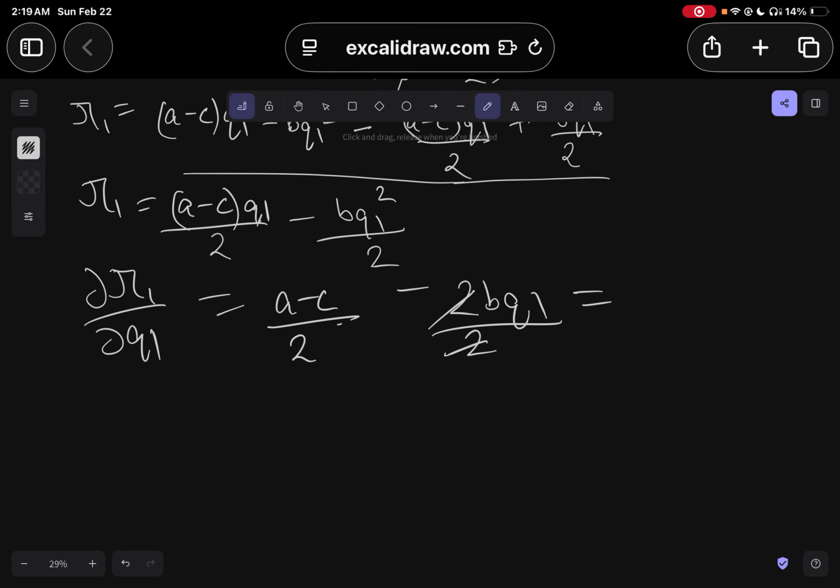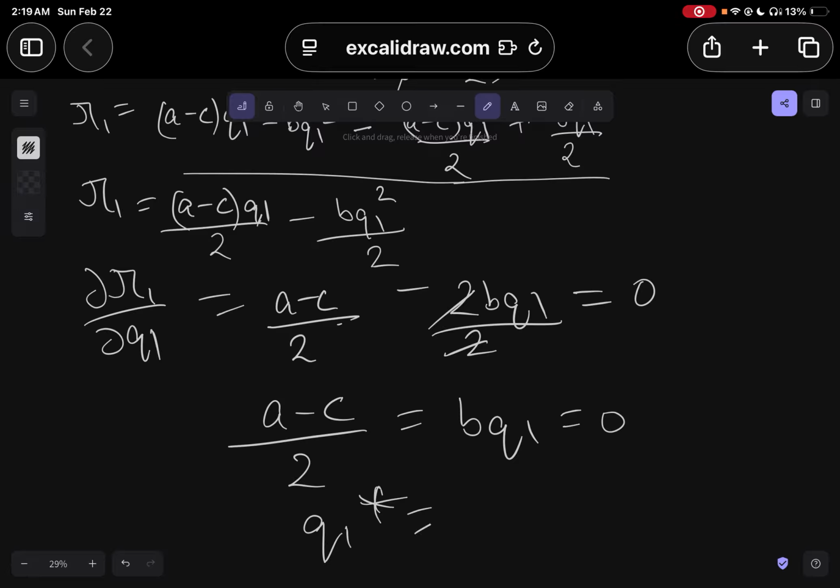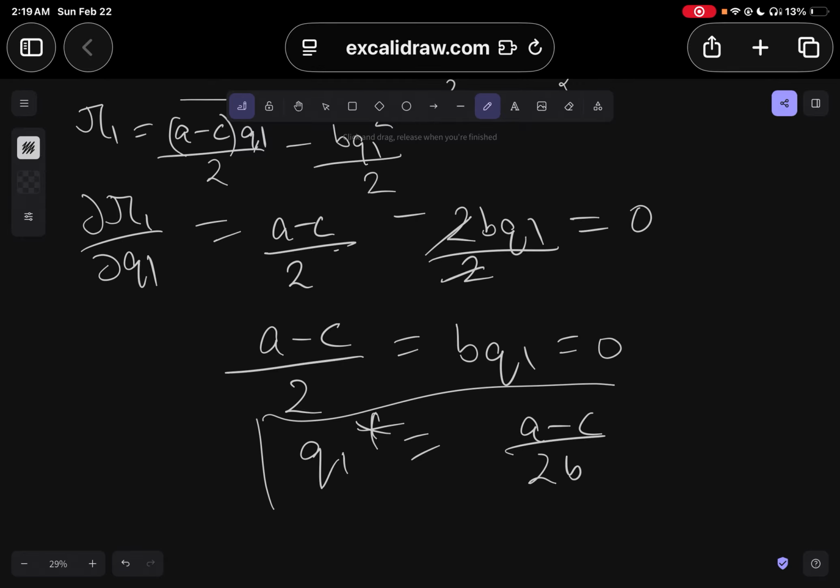The 2s cancel. A minus C upon 2 equals BQ1, equals 0. Q1 star will be A minus C upon 2B. Sounds familiar.